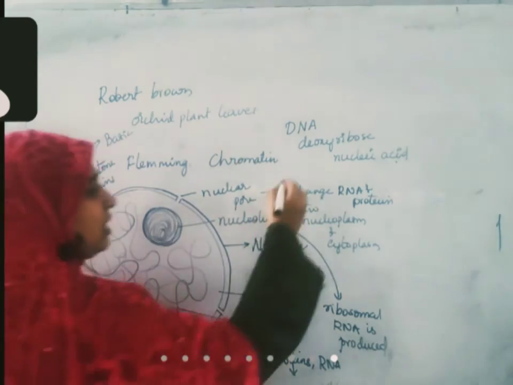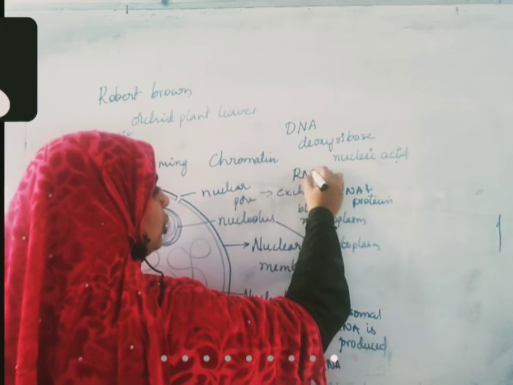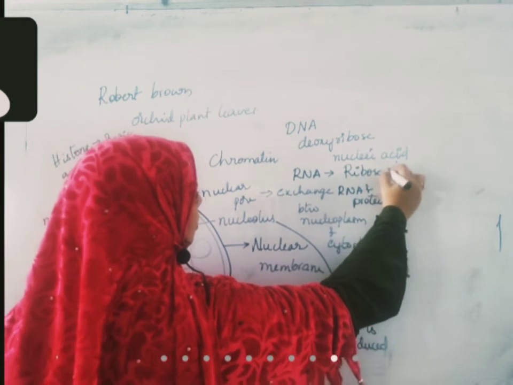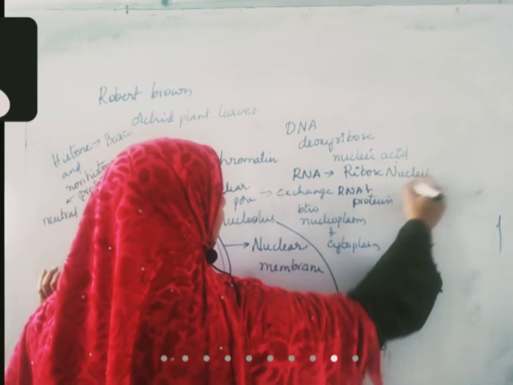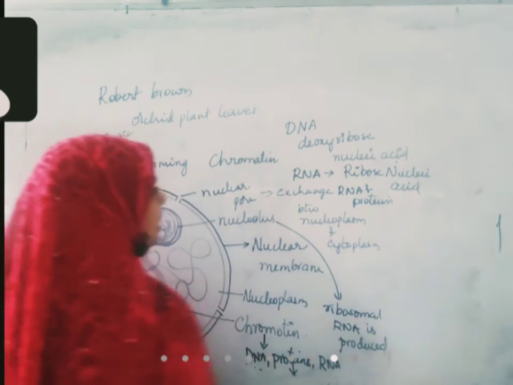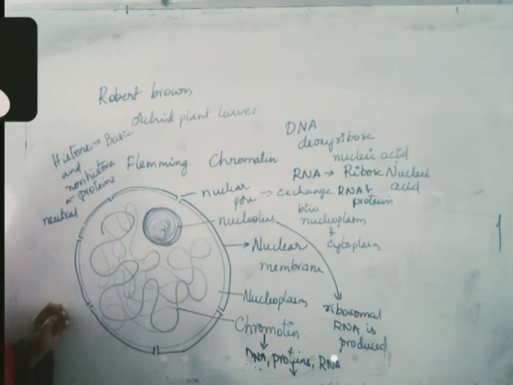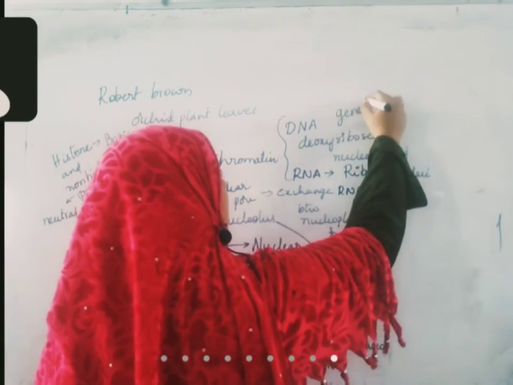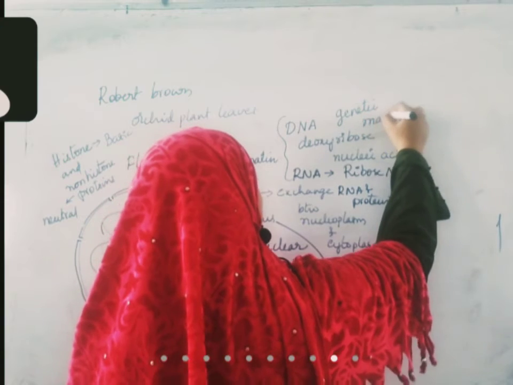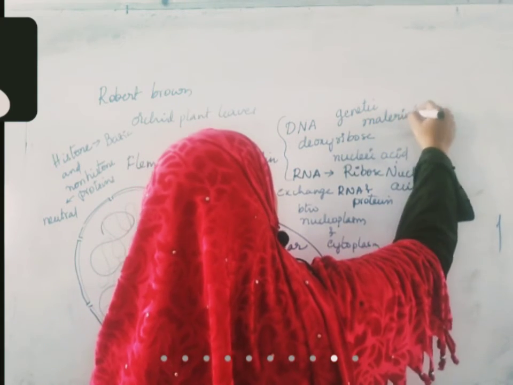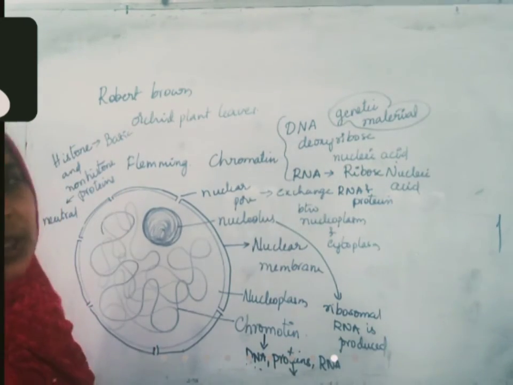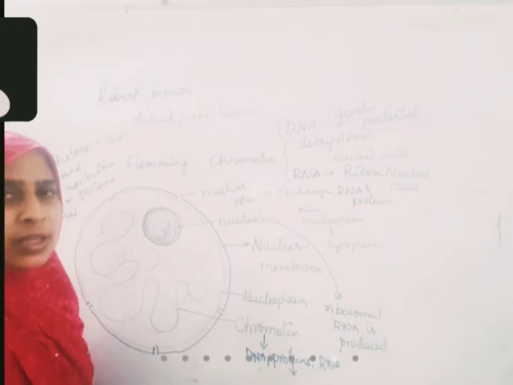We can also see a small amount of RNA, that is ribose nucleic acid. These two are genetic material. Why are they called genetic material? They carry the information from one generation to another. Like you have some features of your grandmother, your father, your mother.